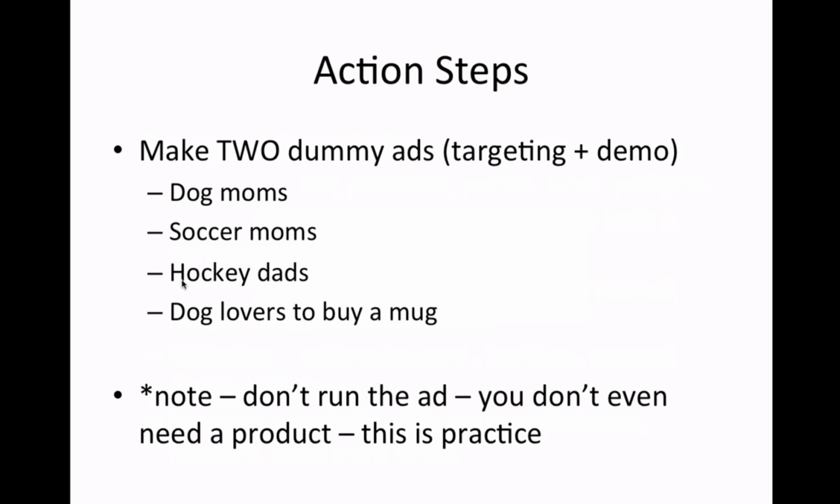So your action steps: make 2 dummy ads. All you gotta do is go into your business manager and your ads manager and click the green button that says create ad, and it will take you to the same screen I showed you in my Facebook. From there, I want you to make 2 dummy ads. You can do $10 a day, $100 a day, $1 million a day, whatever it is. I wouldn't accidentally put $1 million a day in there. You won't have a budget for it, but you're not going to run them.